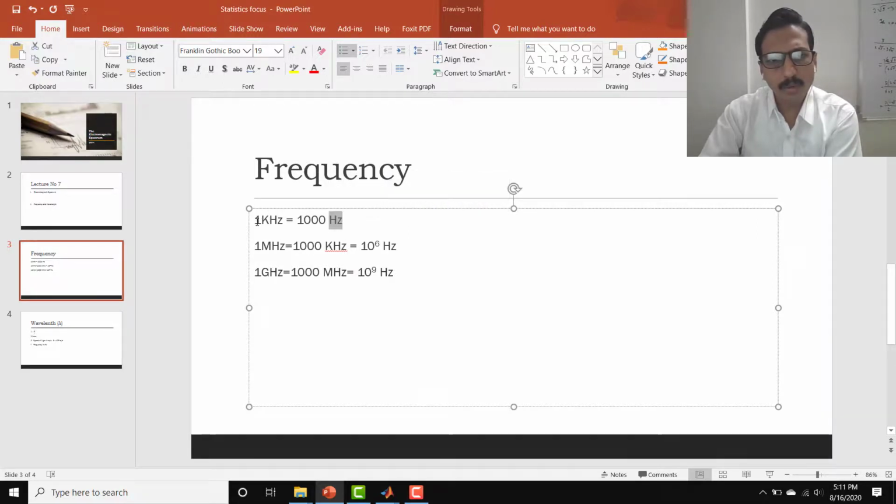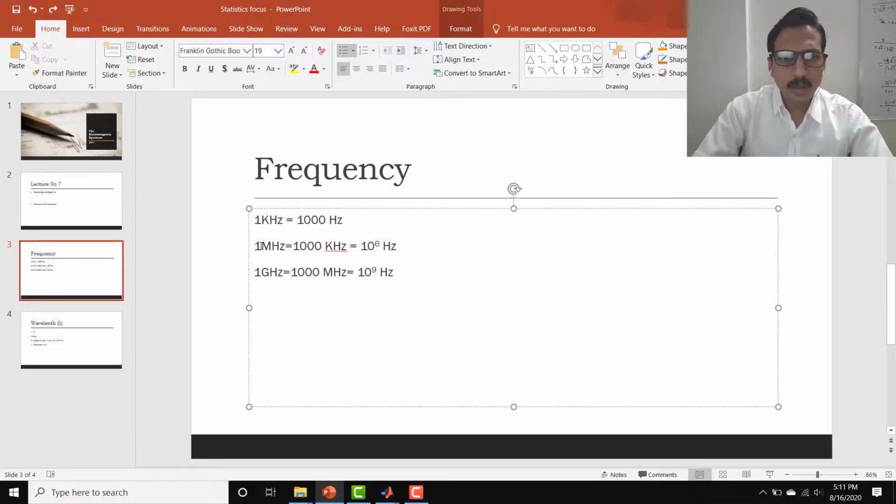So 1 kilohertz is 1000 hertz. 1 mega, capital M, is mega. 1 megahertz means 1000 kilohertz or 10 raised to 6 hertz.